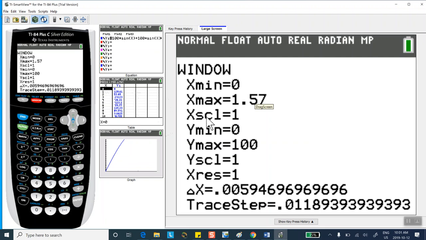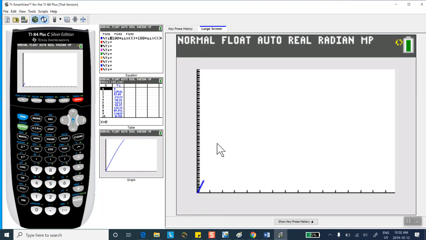Okay, I think this scale, I want to change that. I'm going to go scale of 0.1. Okay, so let's try now. Oh, that's better.